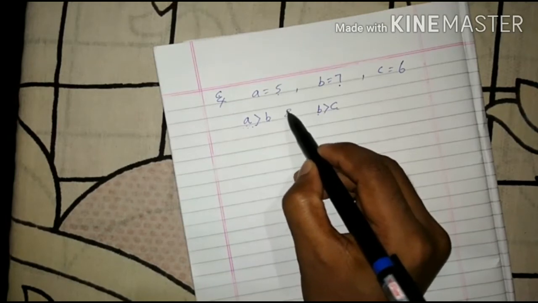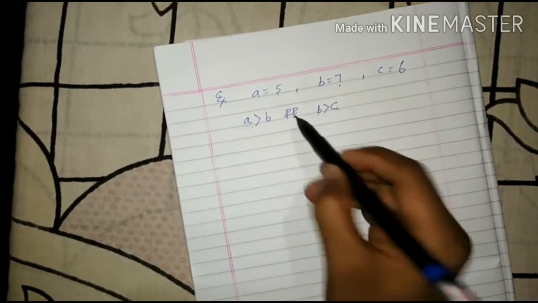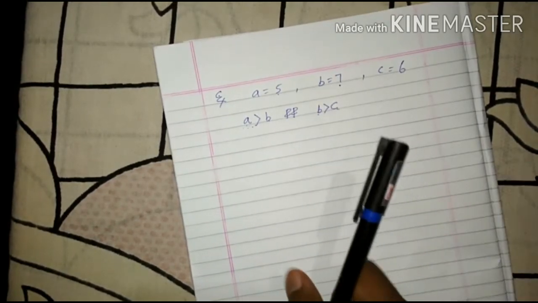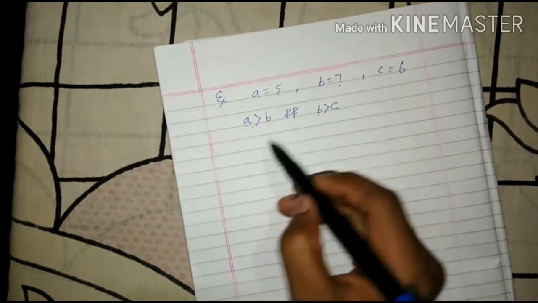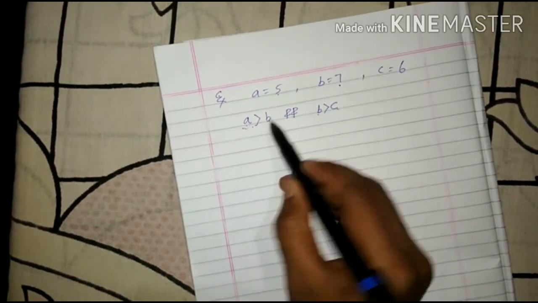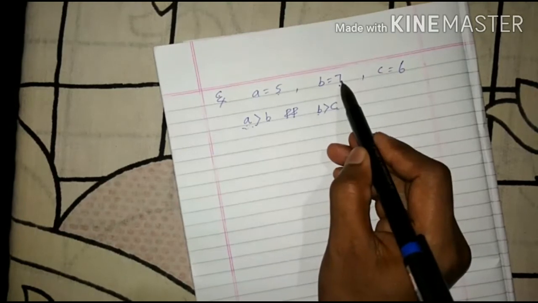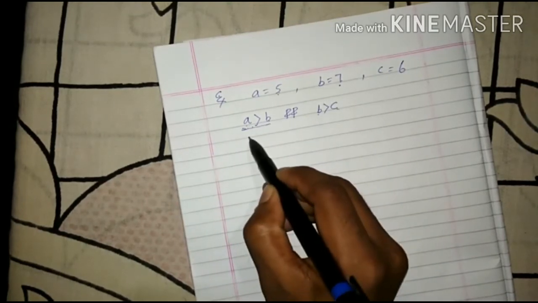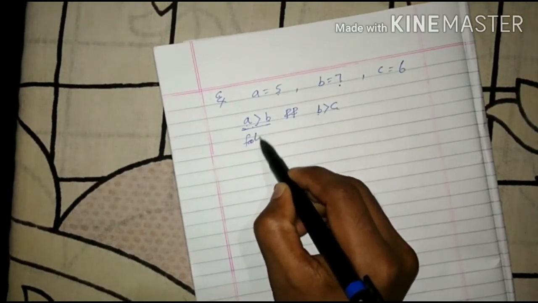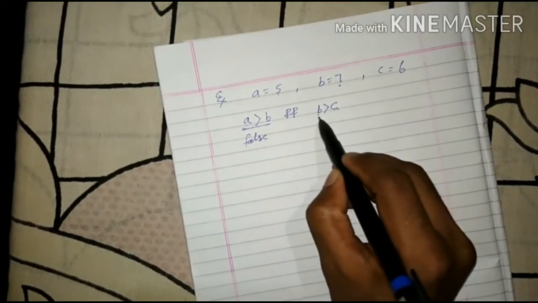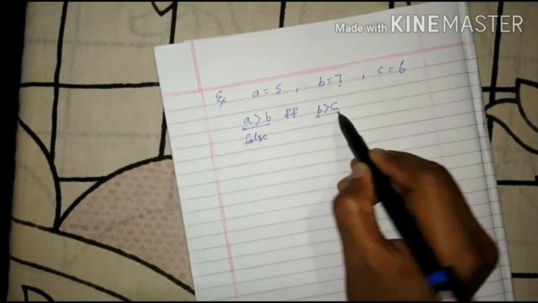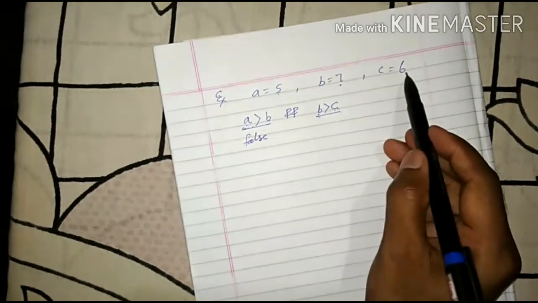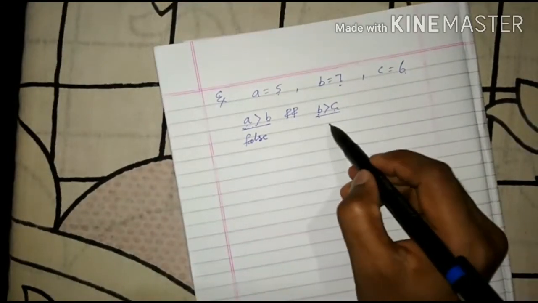So I can take a logical operator. This is the logical operator. A greater than B means 5 greater than 7. It is false. B greater than C means 7 greater than 6. It is true.